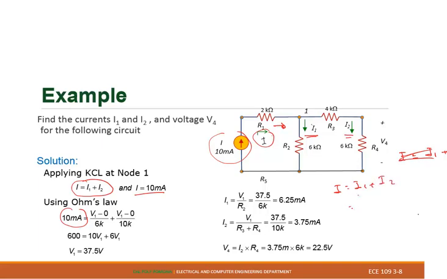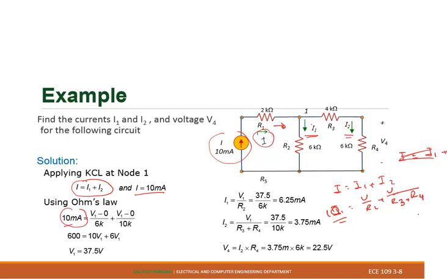I1 will be equal to V over R2, plus I2 will be equal to V over R3 plus R4 basically. So this will be I, which is, we know the I value is 10 milliamperes.